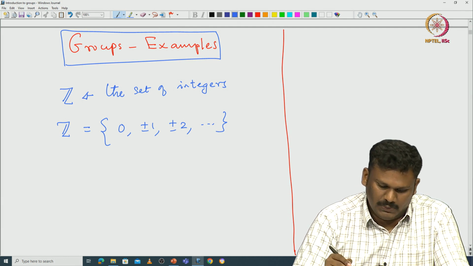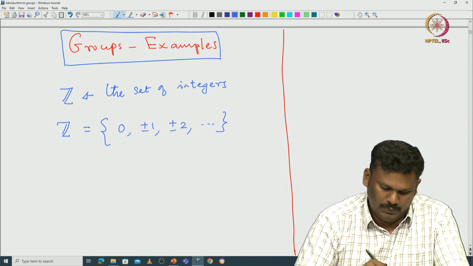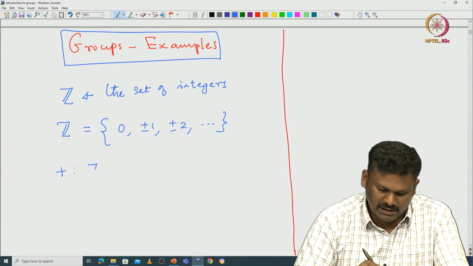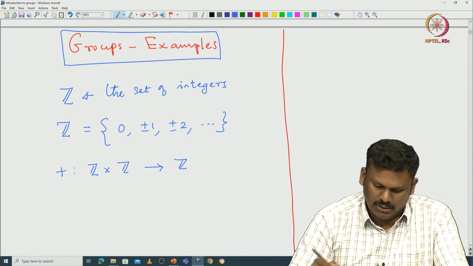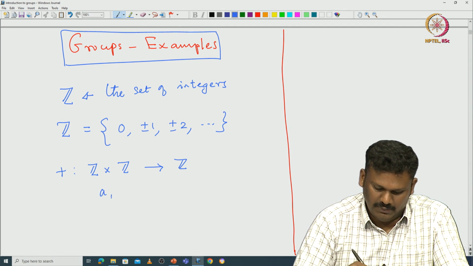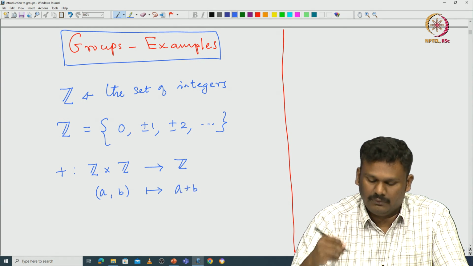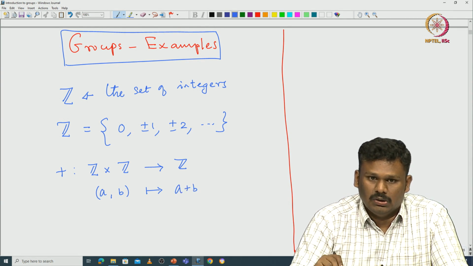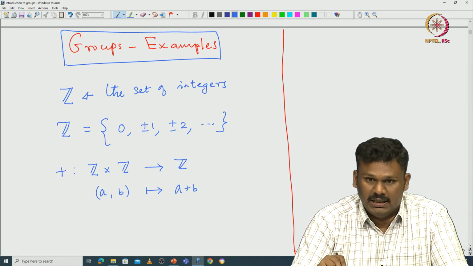With respect to addition, this set is actually a group. This addition is a binary operation which is defined from Z cross Z to Z. Given a, b which are integers, the image is just a plus b. You must have already seen the properties of this addition.